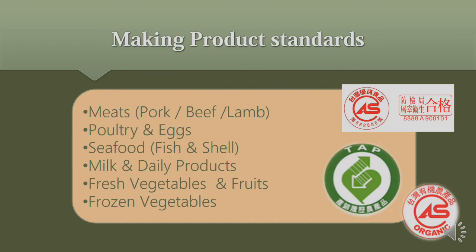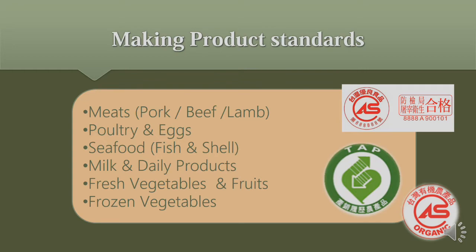Right, from now on, we will discuss what the foods are like. If you go to the market, what kind of food you need to buy, and we will follow step by step and tell you how to make your own restaurant's product standards. We follow these six categories.